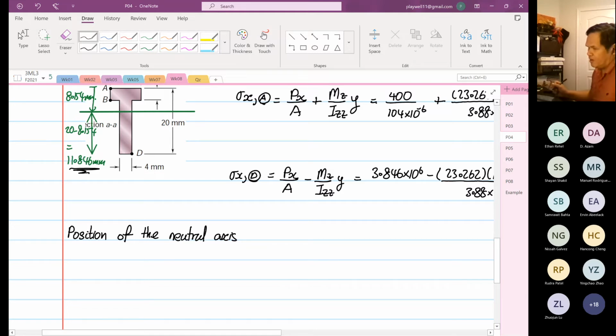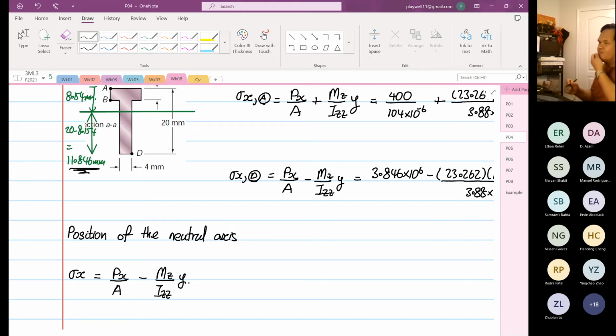So if we were to look at the formula, we have stress x is equal to Px over A. And in the rightful form of the formula, this is equal to minus Mz over Izz multiplied by y. Okay. So I'm going to show you two ways. I'm going to show you applying the formula and then ignoring the formula. Apply something very simple, like in your grade 10 or grade 11 math. But I'm going to show you by using the formula.